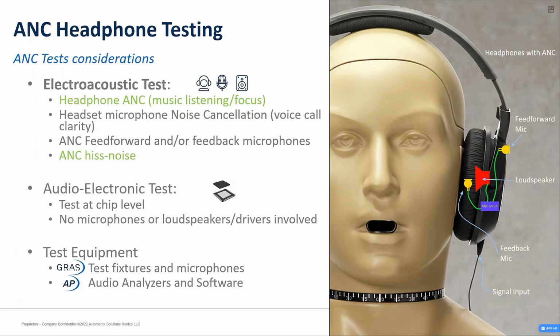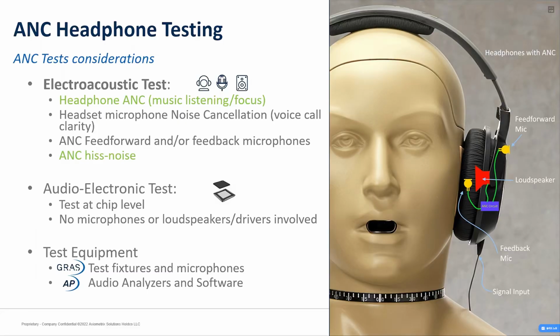It's basically active noise cancellation designed to remove the background noise so the person wearing the headset can stay focused on the work or have a better music listening experience. That's the definition of ANC for this webinar. This is the type of ANC in electroacoustical measurements that we are going to look into today.